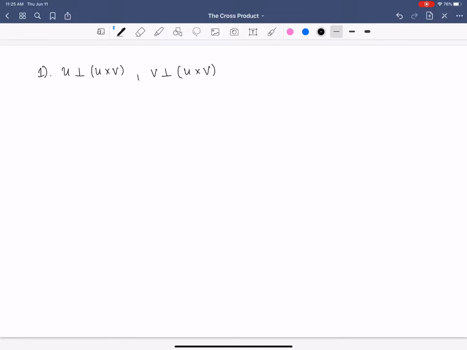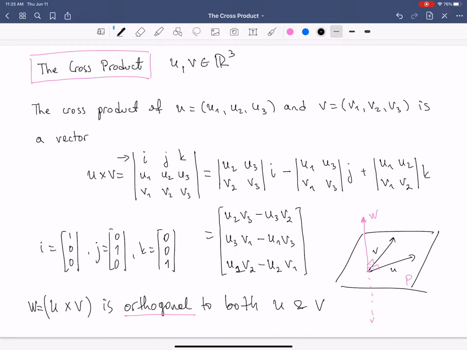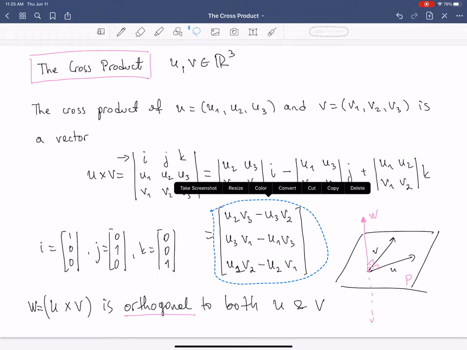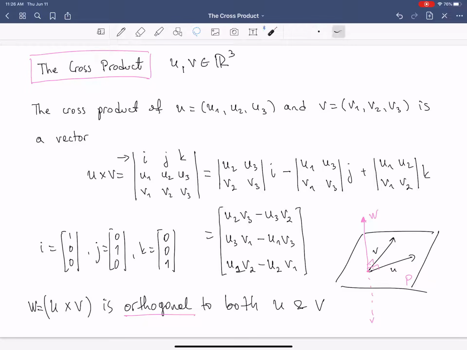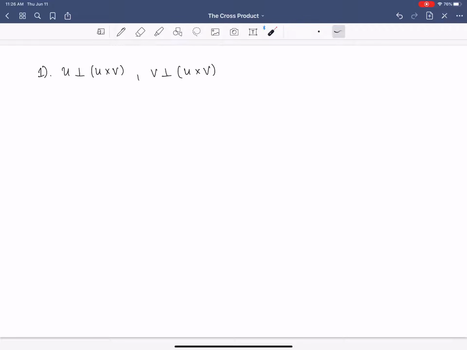Now, we have a formula for u cross v. It's right here. So I'll copy that formula for u cross v. Of course, if you remember this interpretation, then computing the numbers here is nothing difficult. You all know how to do it if you can handle determinants.